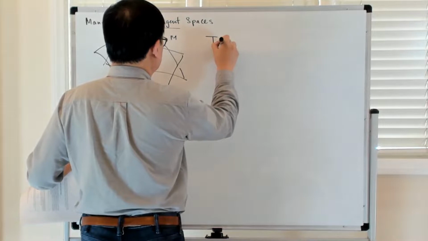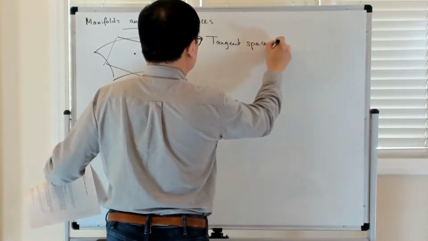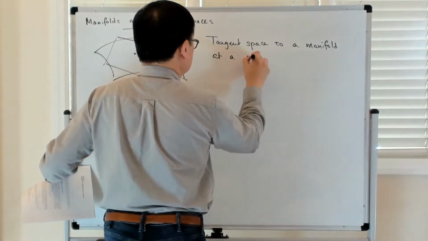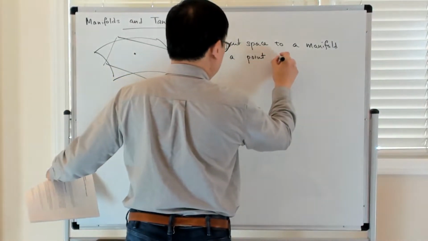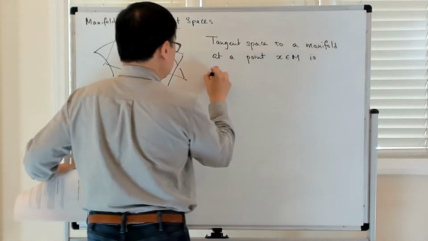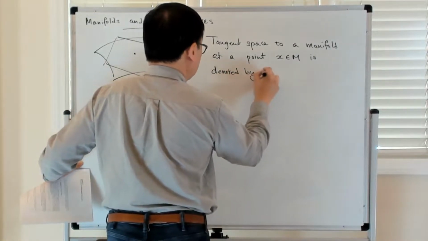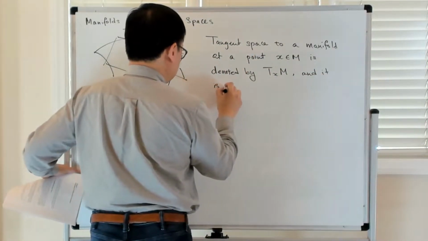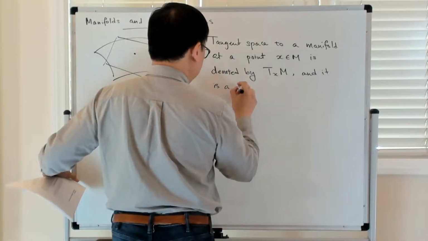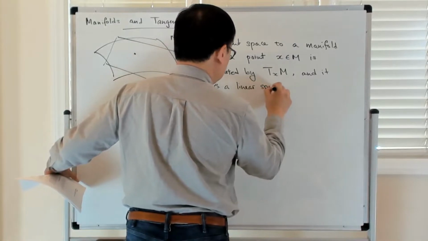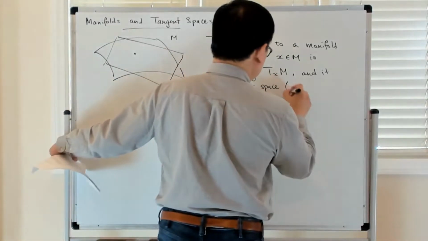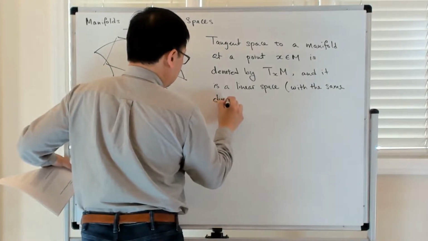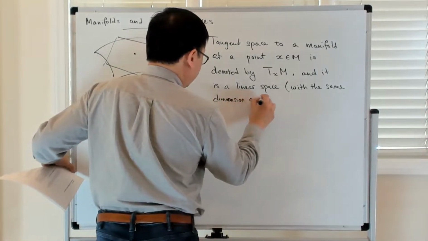So the tangent space to a manifold at a point, let's call that x on M, is denoted by T_x M, and it is a sort of linear space of the same dimension as the manifold.